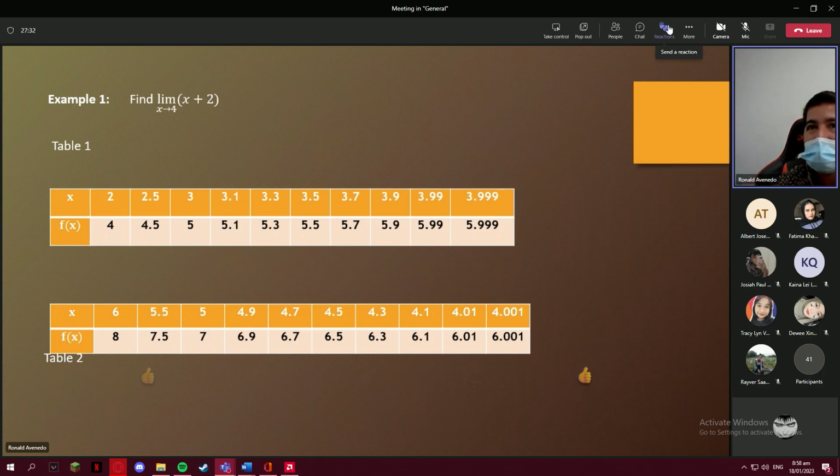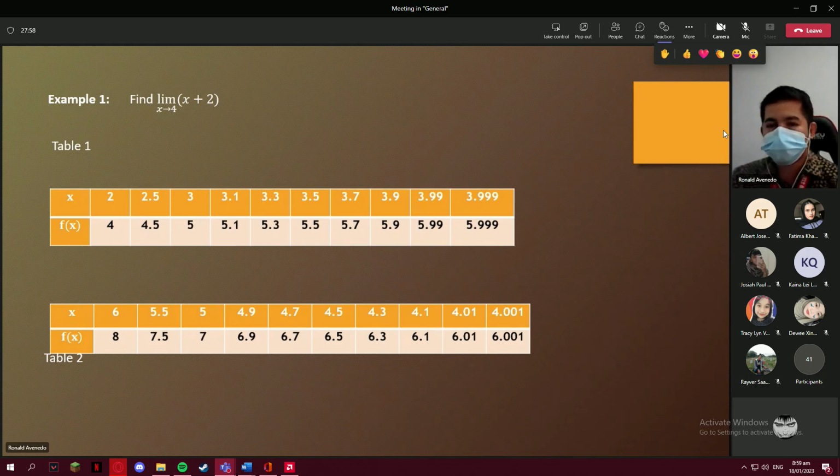Habang papalapit ang values ng x sa 4 both from left and from right, ang value ng limit papalapit din sa 6. Later on, if we're going to graph, kasama ba ang 4 pati 6 sa solution? The answer is not, kasi sila ang limit. Okay.